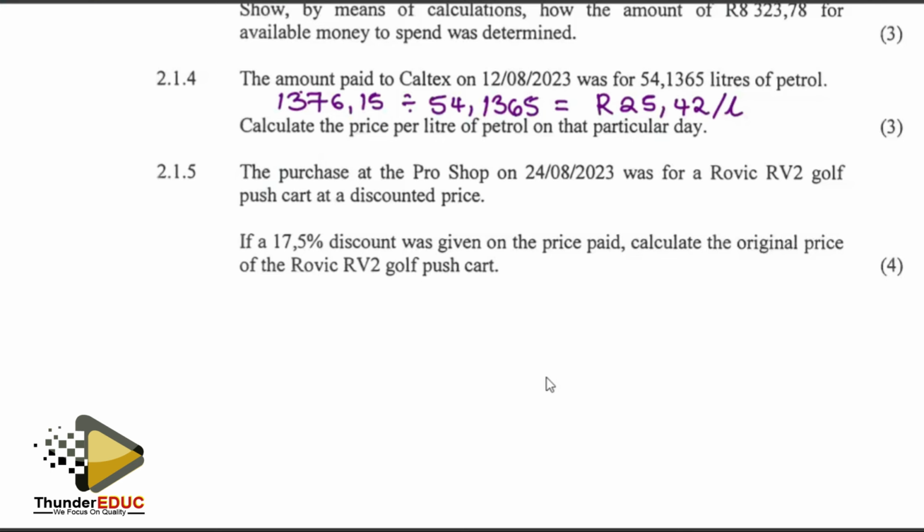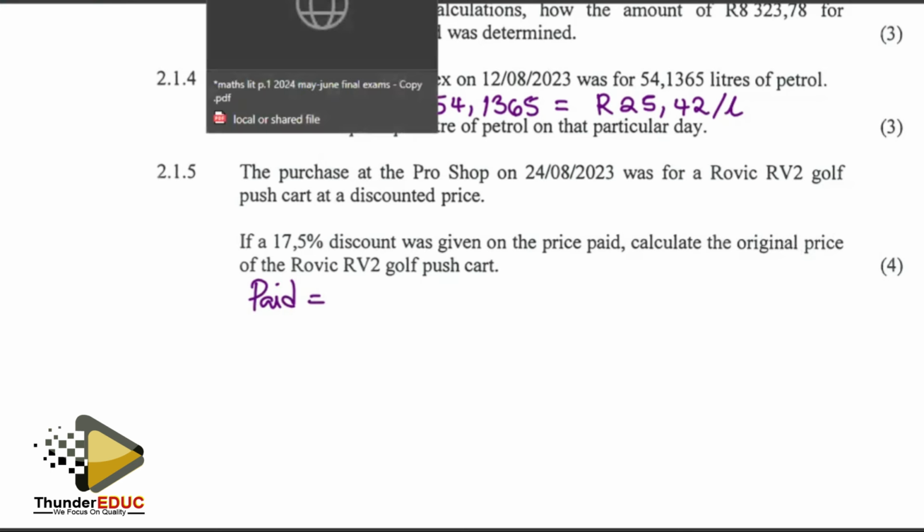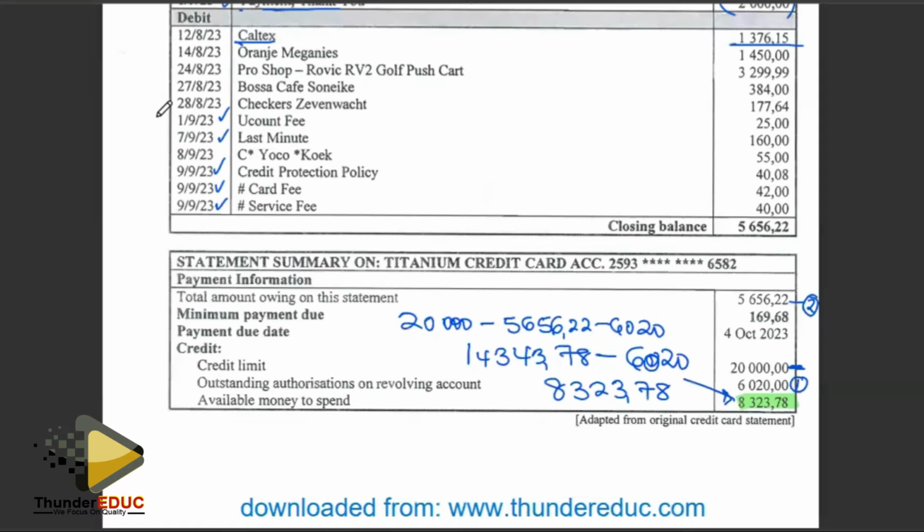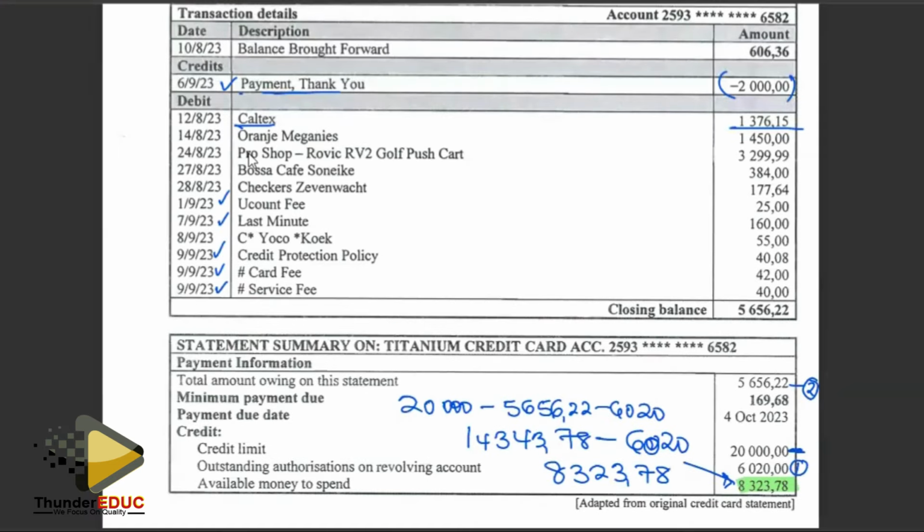So first and foremost, you need to look for how much was paid. That's what I need to find out on the statement. How much was paid on the 24th of August? So I'll come here, look for 24th of August.